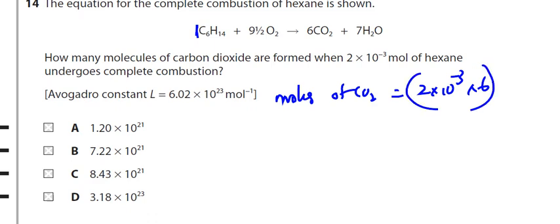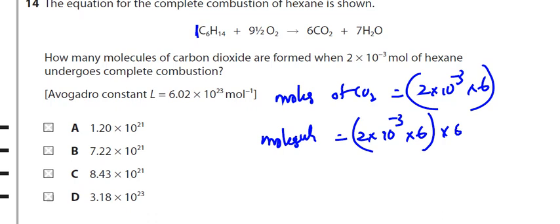Then the question asks not for the number of moles but the number of molecules. How do you find the molecules from moles? You multiply the moles by the Avogadro constant given, 6.02 times 10 to the power 23.